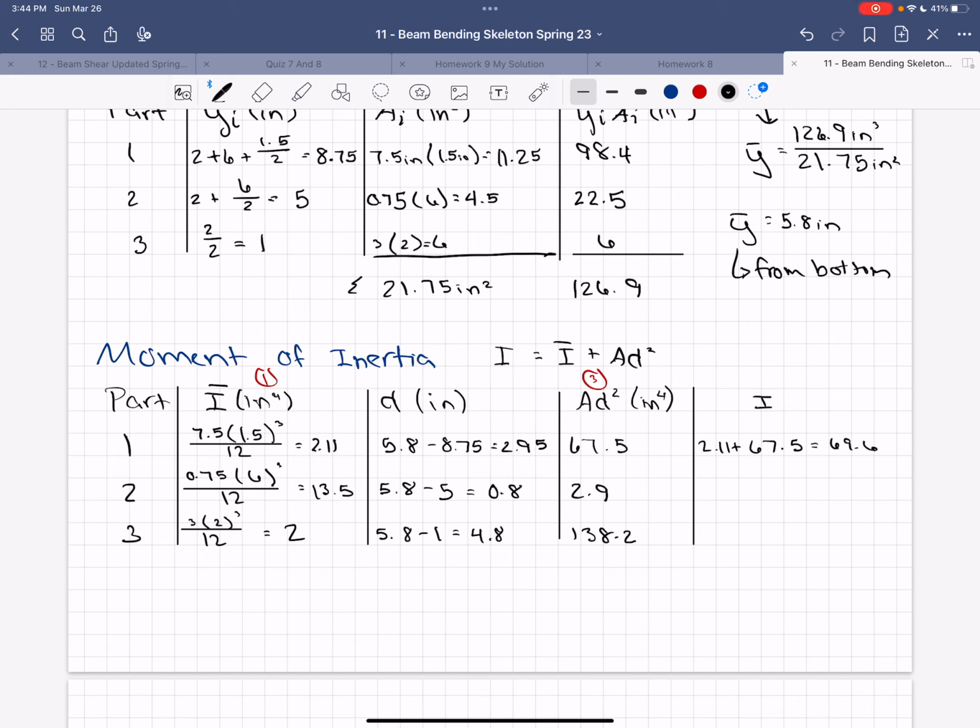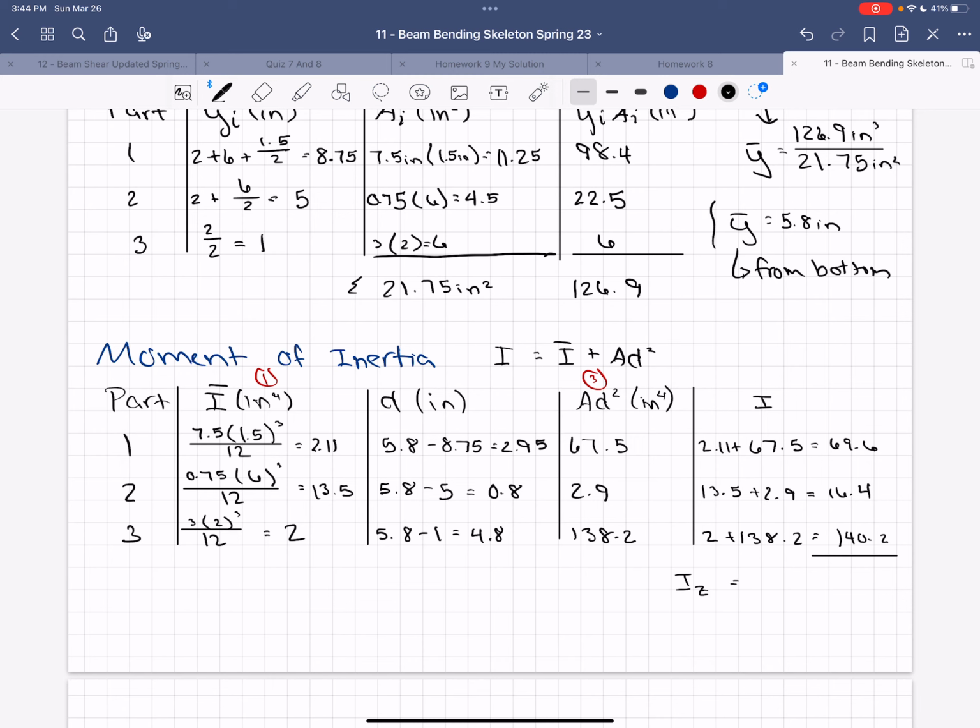Then we have 13.5 plus 2.9, and we get 16.4. And then we have 2 plus 138.2, and we get 140.2. We add all those together, and the sum of those is Iz.